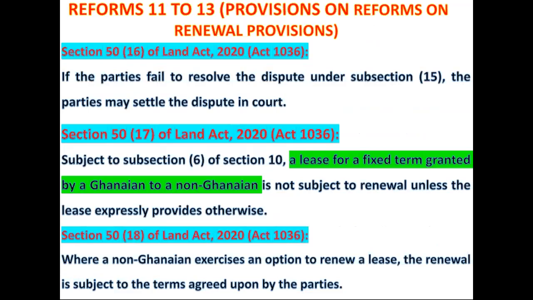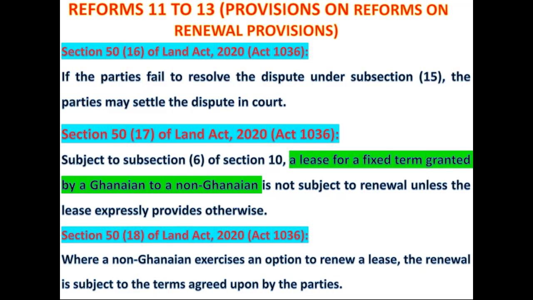It says that if the parties fail to resolve the dispute under subsection 15, the parties may settle the dispute in court. You see? So, if the time comes and we can't agree on the renewal, how much I'm going to pay, the law says that we may resort to ADR. But if we don't take advantage of the ADR, then we may resolve the dispute in court.